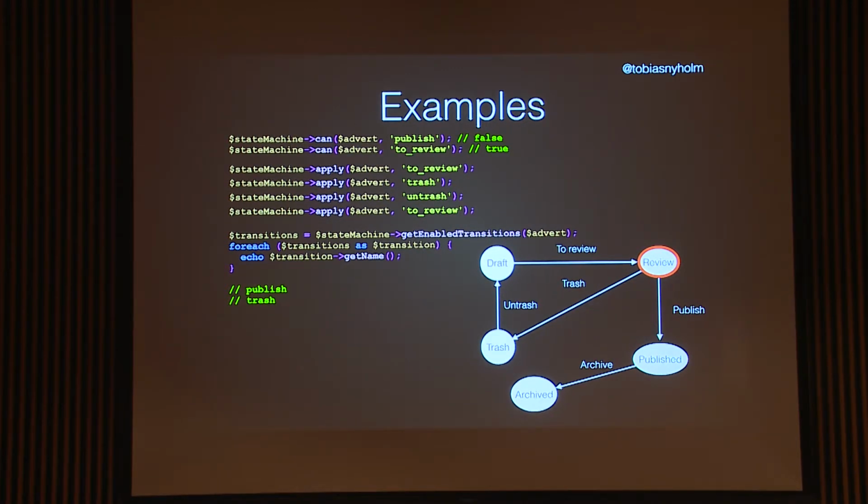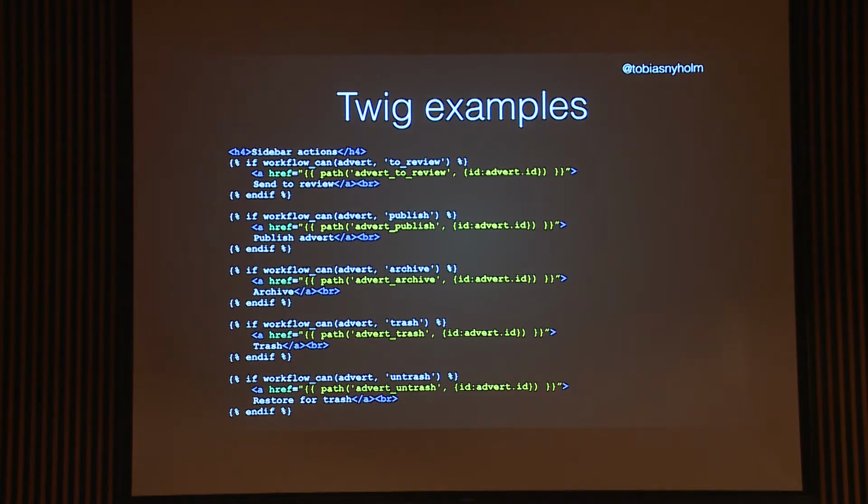And the Symfony workflow component also supports the very same thing, but in Twig. So you can write something like this. Imagine at my company, you can write adverts or blog posts or whatever. And imagine I have something like the WordPress edit page. So I have a big screen where you can write the things. And in the sidebar, you have publish, trash, or send to review or stuff like that.